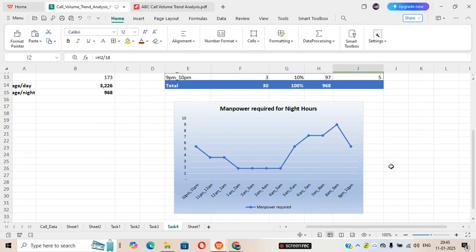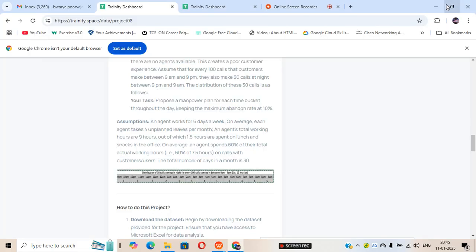After this, I have created a chart also, a line chart. For this, they have asked for the total shift, 9 a.m. to 9 p.m., manpower required.